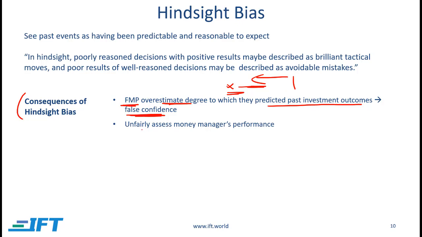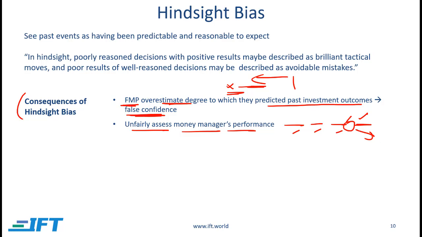Another consequence is to unfairly assess a money manager's performance. So you might have a particular money manager who focuses on value stocks, and in general, over the last few years, this money manager might have done a very good job. But it might turn out that last year this particular money manager did not do well because the overall market performed poorly. He might have done all the right analysis, covered his bases, and made some decisions that appeared very good at the time, but the market for value stocks, let's say, did not do well.